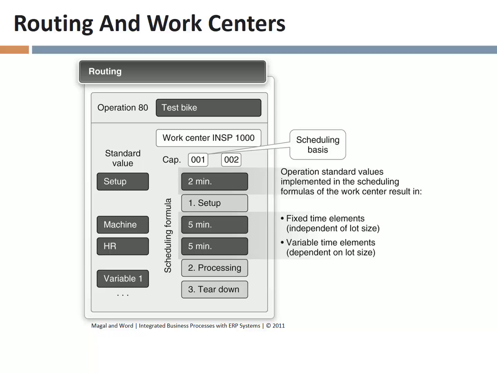So the basic idea here is that to test a bike, it takes 2 minutes to set up for this, and then once setup is finished, a machine and a person are both going to be involved for 5 minutes in actually doing the processing of the test, and then there's a teardown. And, obviously there would be additional steps here that might come into play. Why do we have this level of definition in our product routing? What's the utility of this?